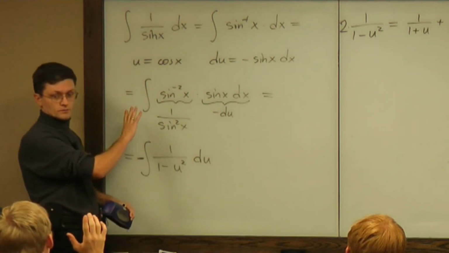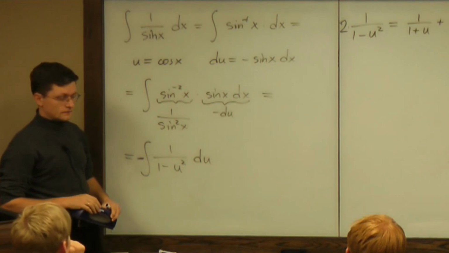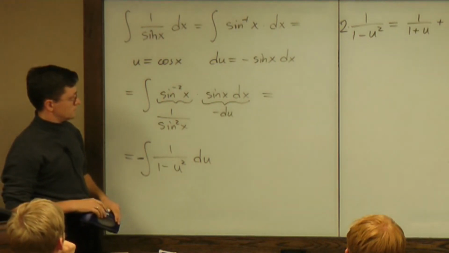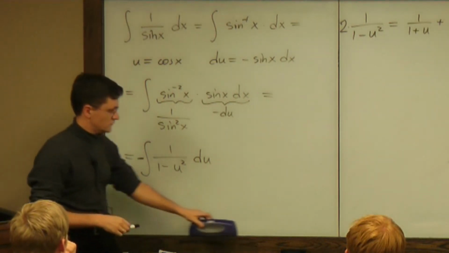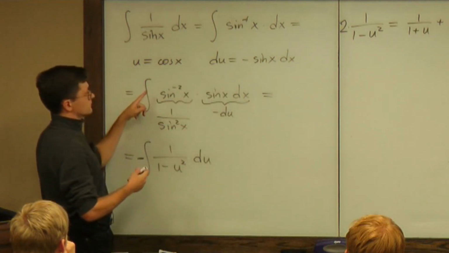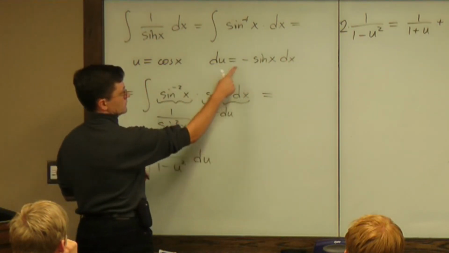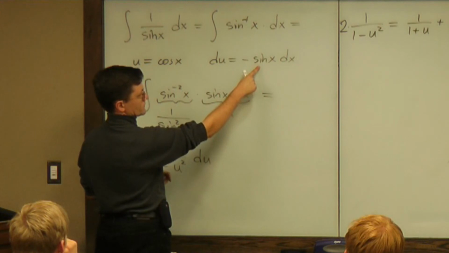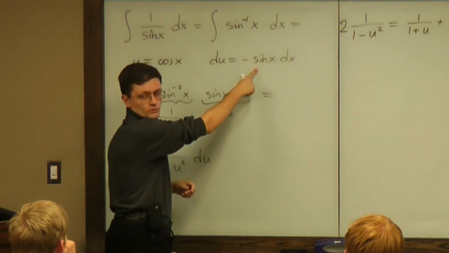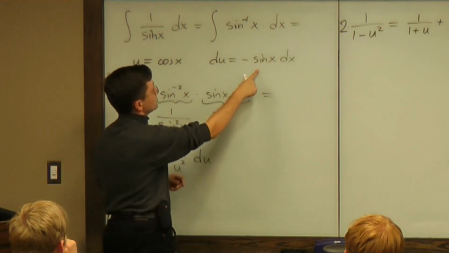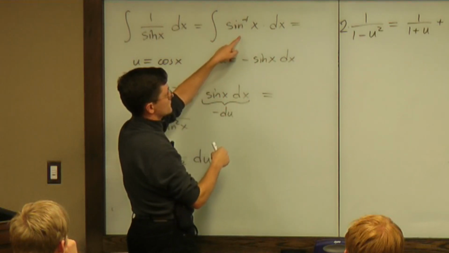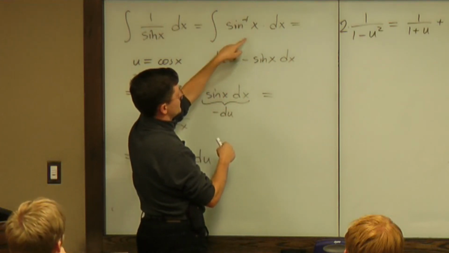Any questions? Why did sine become to the -2nd power after you did the substitution? Because I wanted one sine to become part of du, and I borrowed it in the sense that I didn't have it.